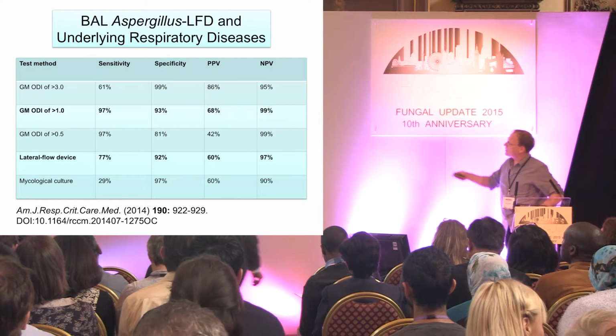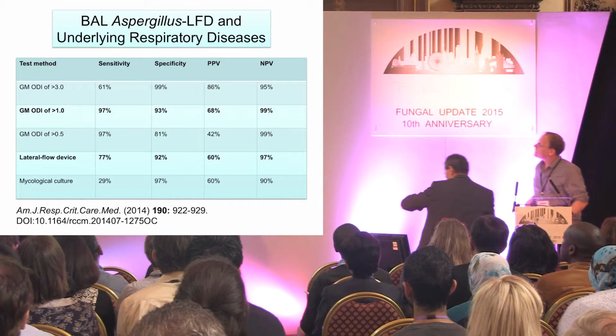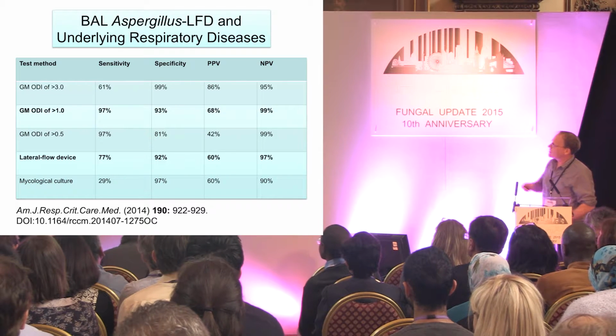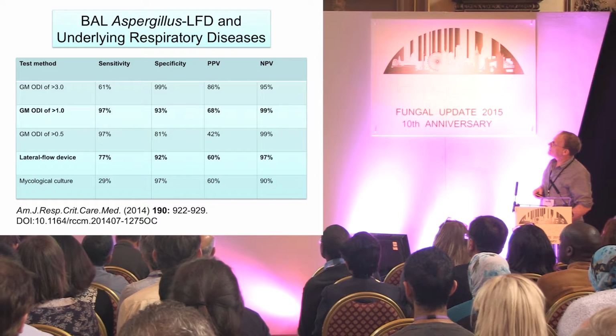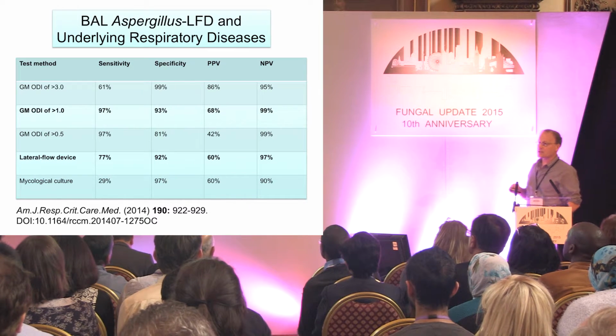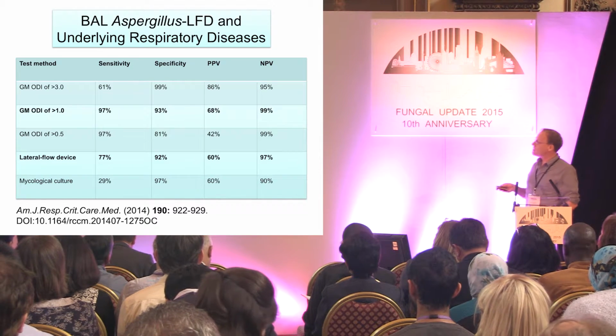And again, if you look, we've got a negative predictive value of about 97% for the lateral flow device when compared to the galactomannan at 1 of 99%. Okay, so we're confident, certainly for BAL, that it's a useful technique for detecting invasive pulmonary aspergillosis.